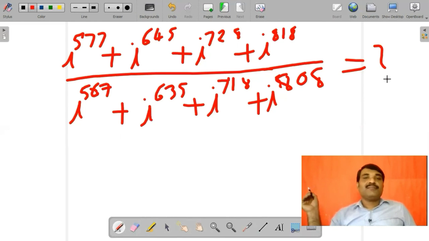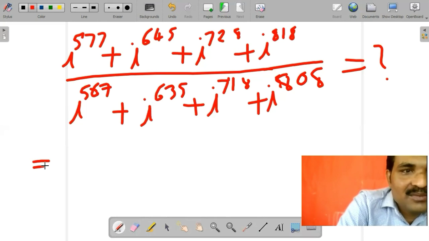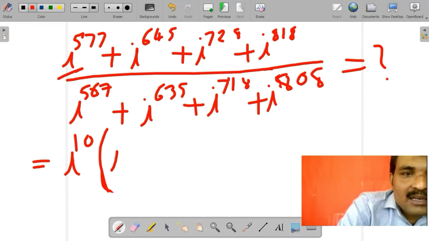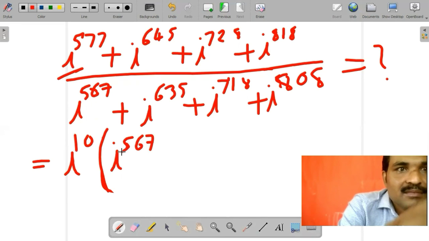How will we solve this? What is common in the numerator and the denominator? The common term in the numerator is iota raised to 10, right? You can write this is equal to iota raised to 10 multiplied by, with iota raised to 10 taken outside, this becomes iota raised to 567, right?